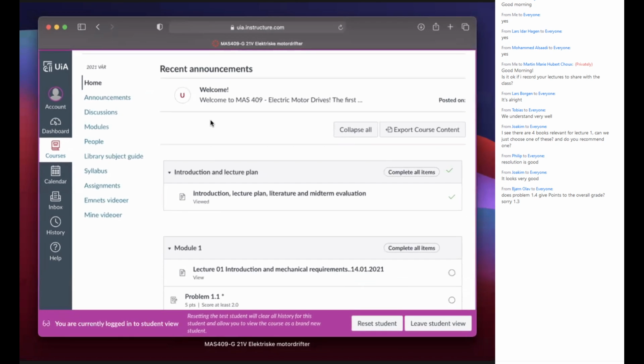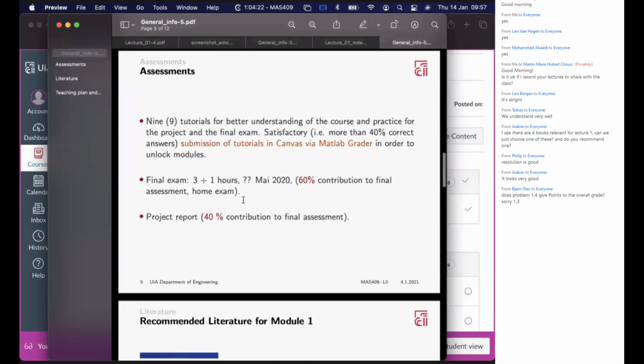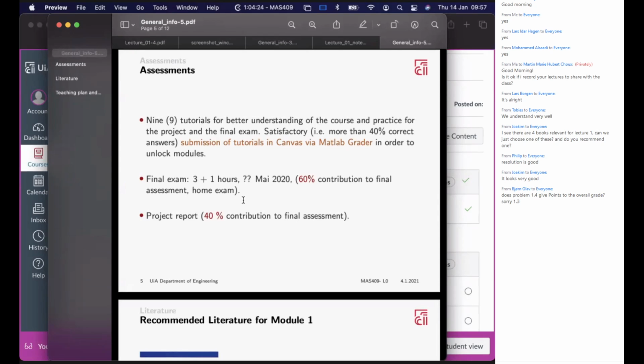Back to the PDF. It will be a digital exam. We don't have any choice here. And usually it's 3 hours a written exam, but it will be plus 1 hour to account for the digital problems. For example, if you have to upload the solutions and if your computer is crashing or something.